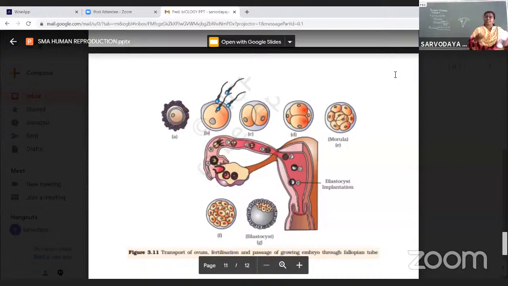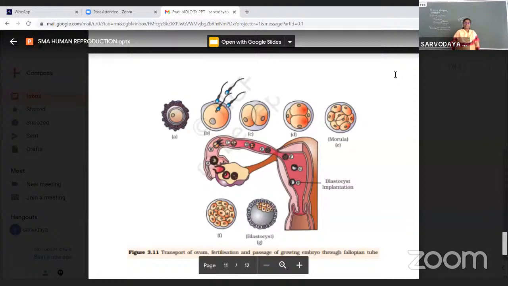So naturally, there should be a connection between the mother and the developing fetus, right? In the initial stages of pregnancy, the chorionic villi is going to supply nutrition to the developing fetus.